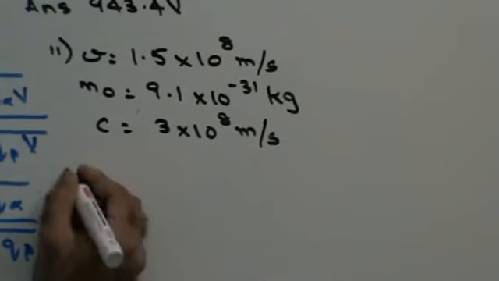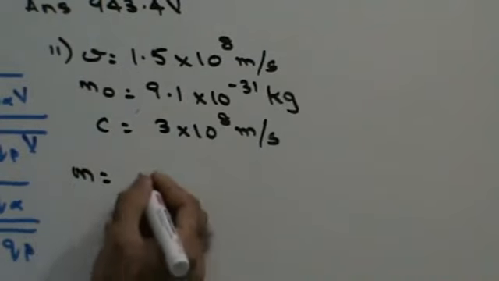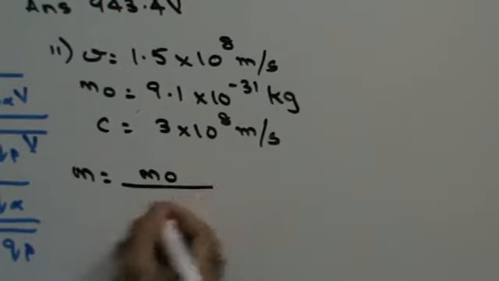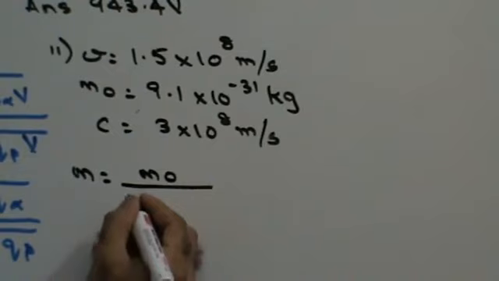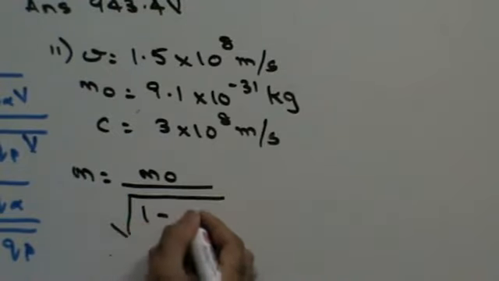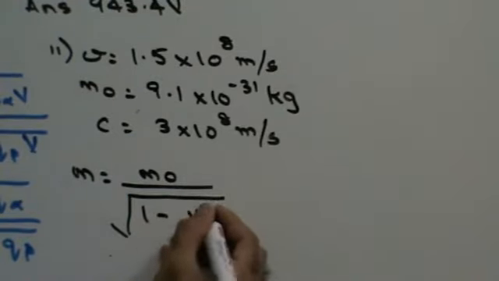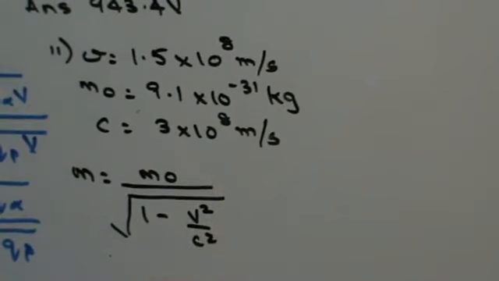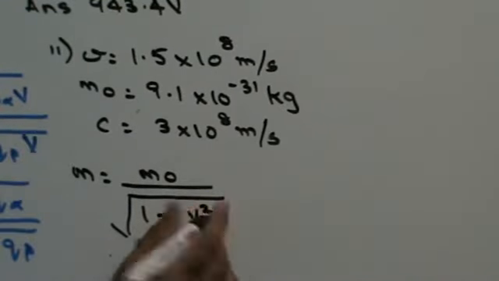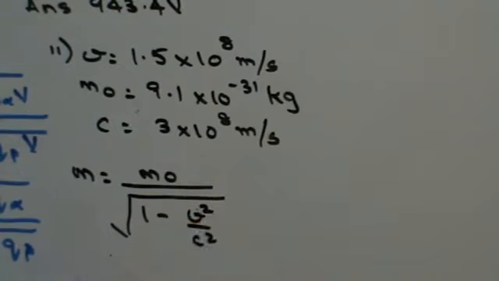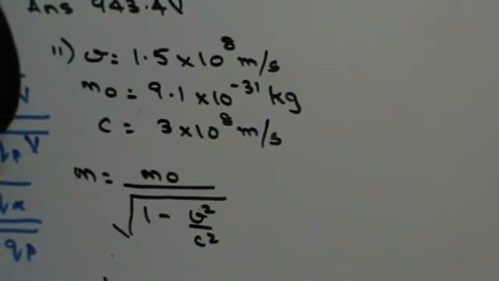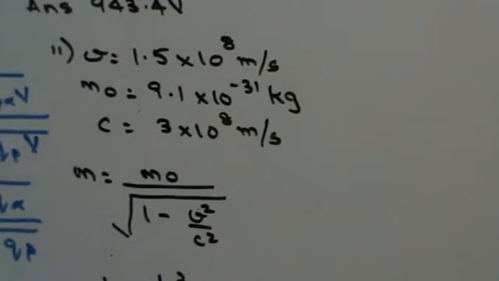Now guys, relativistic mass is nothing but m0 upon square root of 1 minus v square upon c square. I know v and c, both the values I know. So, velocity square upon c square. Once I know the mass, then I can find out de Broglie's wavelength, which is going to be nothing but h upon mv for an electron.